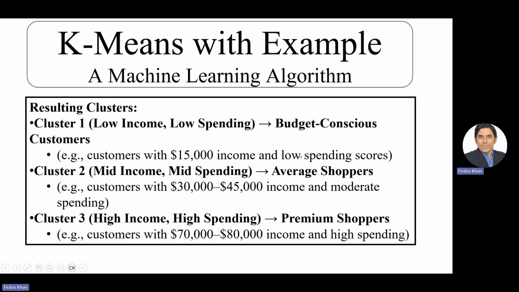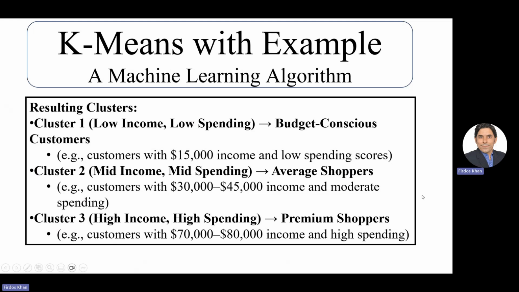Cluster 2: mid income and mid spending, average shoppers. For example, a customer with $30,000 to $45,000 income per year and moderate spending. And the third cluster: high income, high spending, premium shoppers. For example, a customer with $70,000 to $80,000 income per year and high spending.